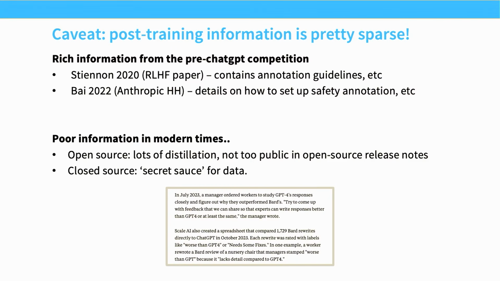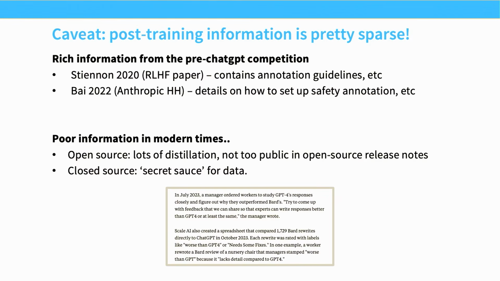Okay, and then just as an example of this, I was doing some pre-research for this lecture earlier, and I found this very fun example back in 2023 about the trade secretness of post-training data, where I guess Scale AI's internal documents got leaked at some point, and they had a whole bunch of very frank conversations about what was happening in post-training data land.